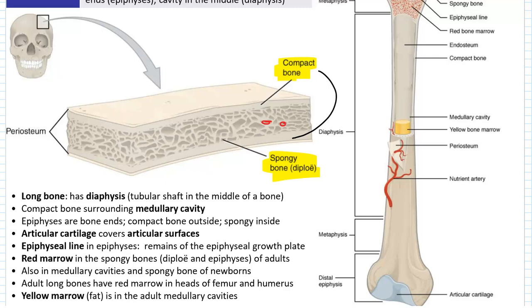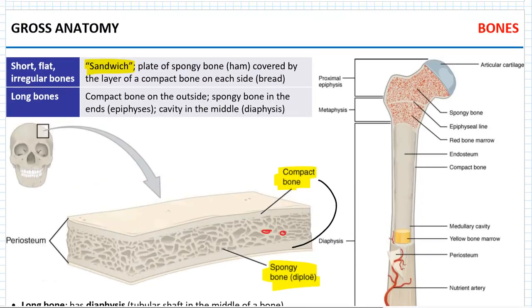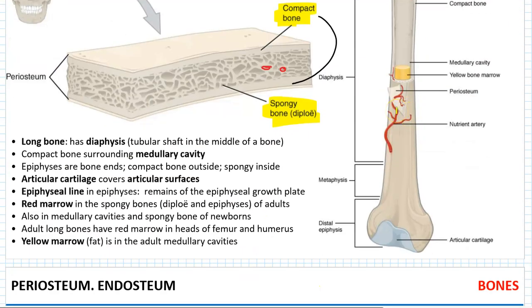Now, if you look at the compact bone here, first of all, you're going to see that it has different parts. So we've got the epiphysis, proximal, and distal.